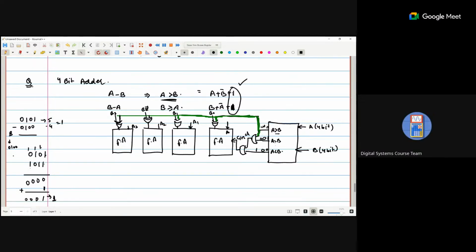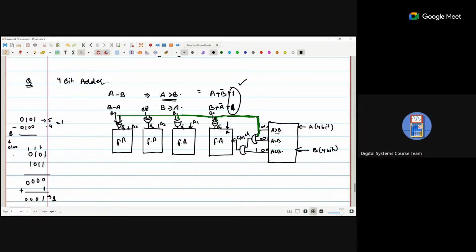So if B0 is XORed with 1, it becomes B0 bar. If B1 is XORed with 1, it is B1 bar. If B2 is XORed with 1, we get B2 bar. And if B3 with 1, we get B3 bar.